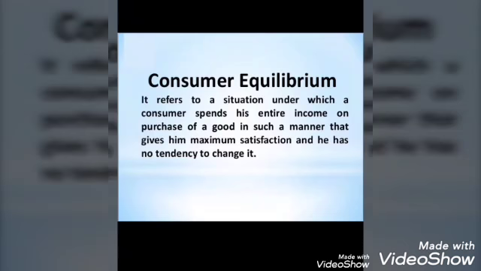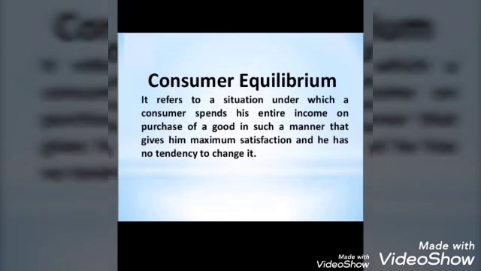For that, first of all you purchase those items which give you more and more satisfaction, or which you need more. Then secondly you purchase other things which give somewhat less satisfaction compared to the first items.